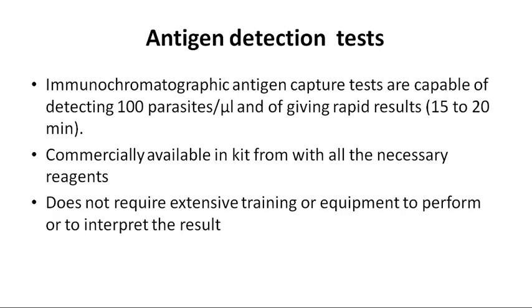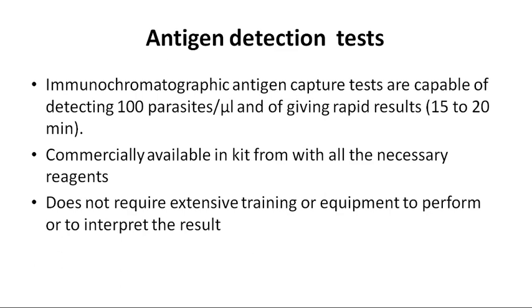Now coming to the non-microscopic techniques, the first is the antigen detection test. It is based on the principle of immunochromatographic antigen capture, capable of detecting 100 parasites per microliter of blood, giving results as rapidly as 15 to 20 minutes.